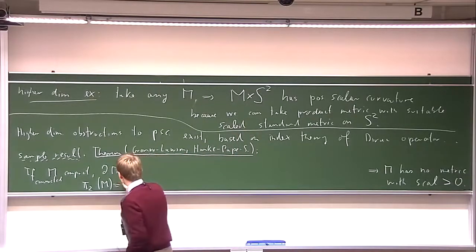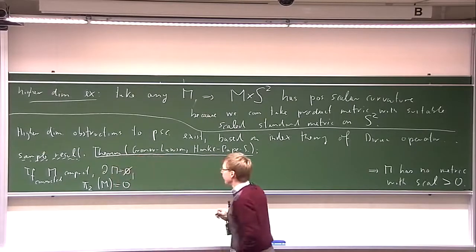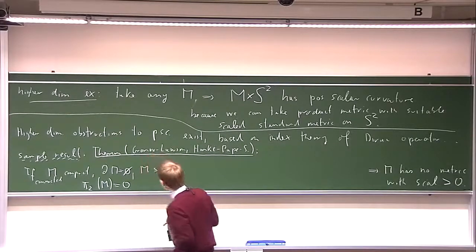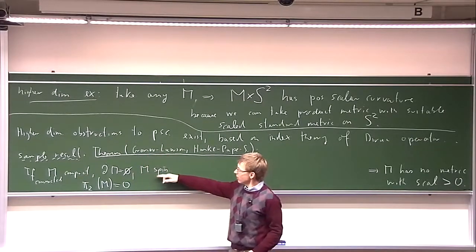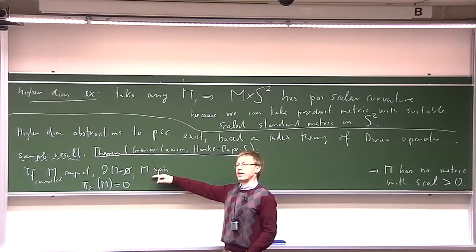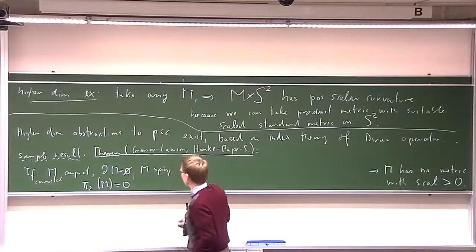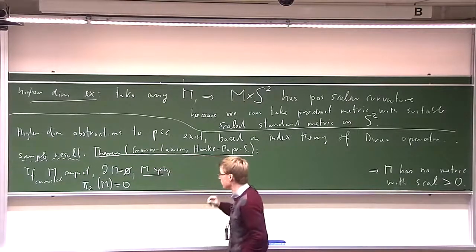So then I need something I have to talk about a little bit later, I need that M is a spin manifold, has a spin structure. If you haven't seen that, this is like having an orientation, but square, this condition. So it's quite a bit harder, but it's satisfied in many interesting examples. And this is a standard condition we have to impose.